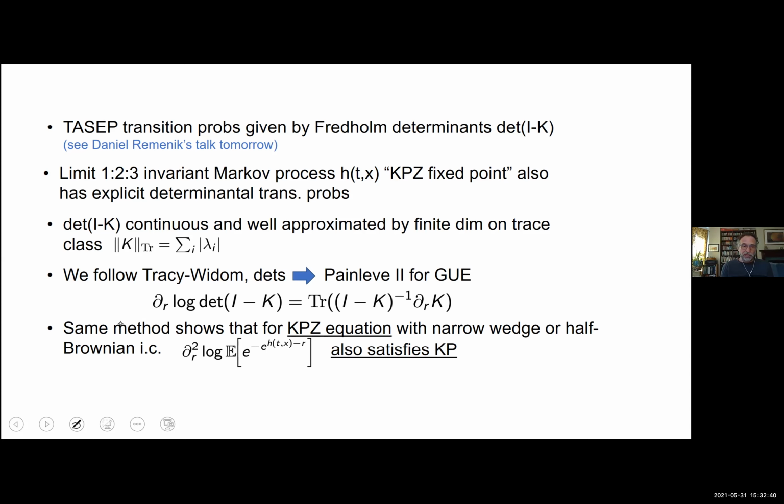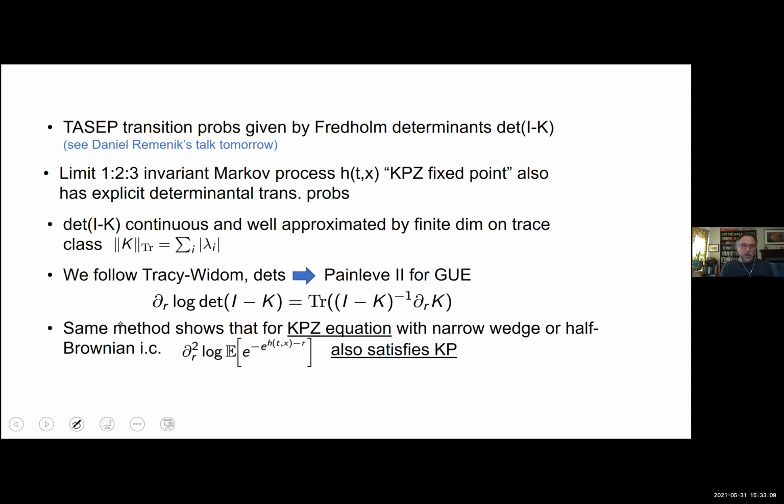So that gives you this universal scaling invariant Markov process with determinantal transition probabilities, but there's still the question of where the partial differential equations come from. So we follow the route of Tracy-Widom. You differentiate the determinants. The log of a determinant is just asking to be differentiated, because the derivative of the log of a determinant is just a trace.